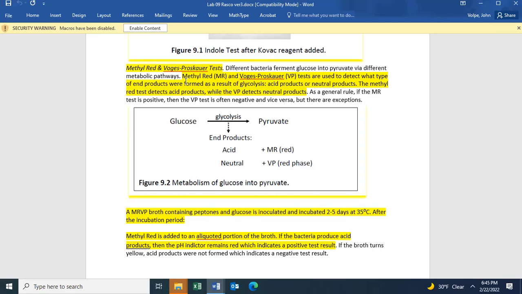So here we have glucose, which goes through glycolysis to make pyruvate. It can make acid products, and we can use the MR test to look at those acid products. And it can make neutral products, and we use the VP test to detect those neutral products.